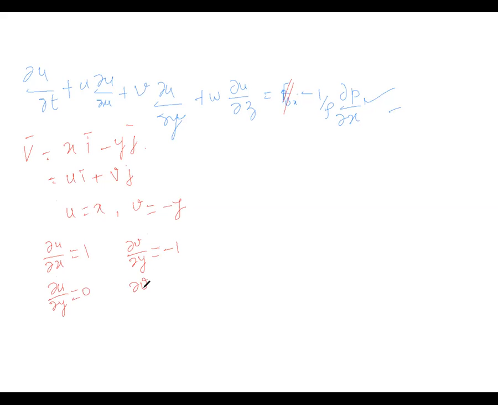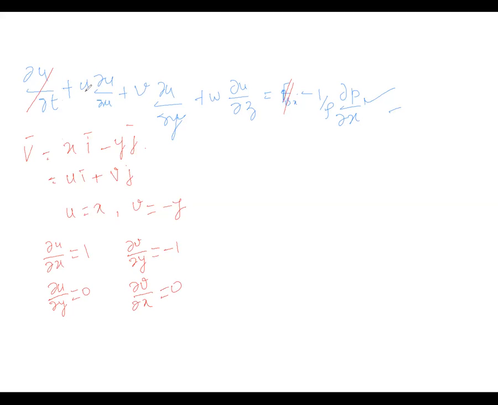Similarly, ∂v/∂x equal to 0, because there is no x term in the v velocity. Similarly, there is no y term in the u velocity. So this is the difference. And the time derivative is not available, so that's 0.